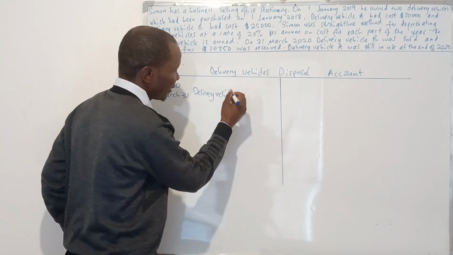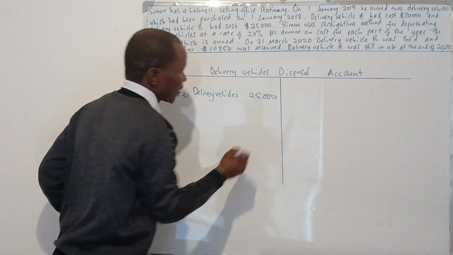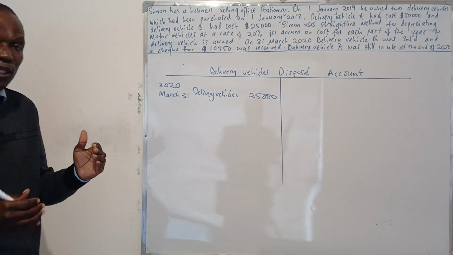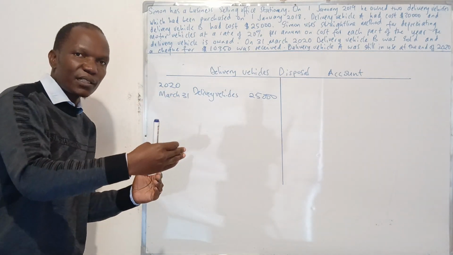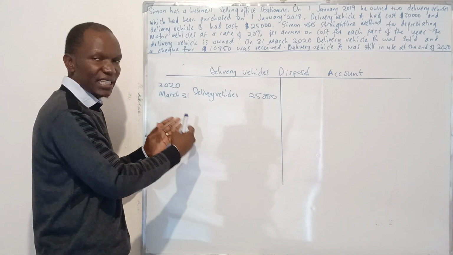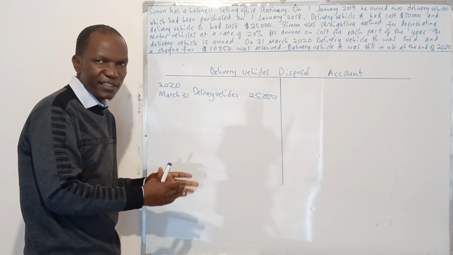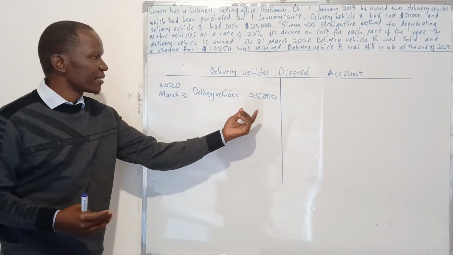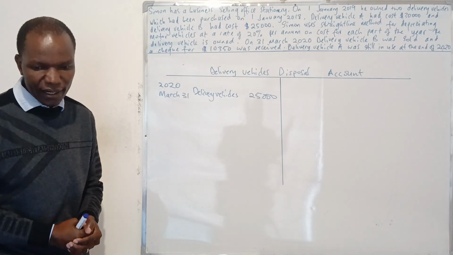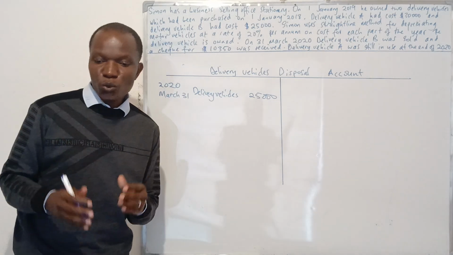How much was it? 25,000. So that delivery vehicle that we credited in the non-current asset account, the corresponding entry is debiting the disposals account with the cost of that particular delivery vehicle we have disposed. So it lands here as 25,000 on the debit side.